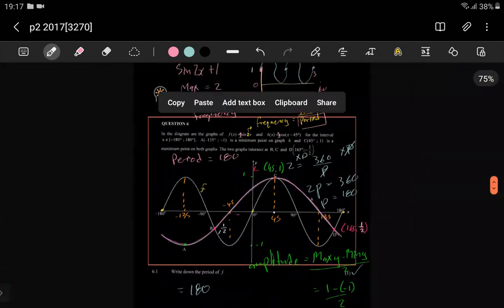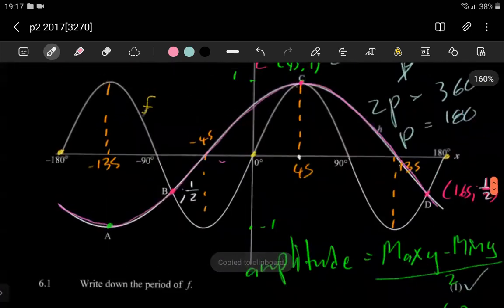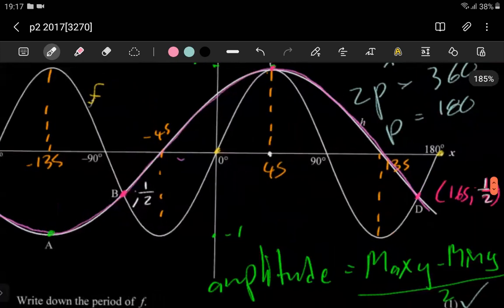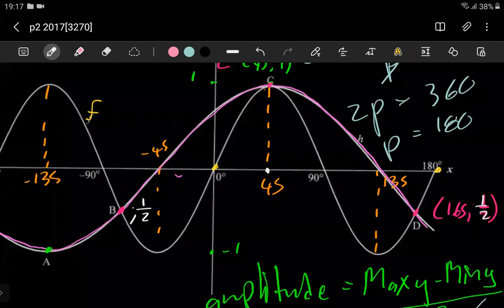Even though you're saying it's symmetrical, you need to check with the signs. The B, that half, isn't it going to be negative half because it's on that side? Ah, you're thinking of the Y value.